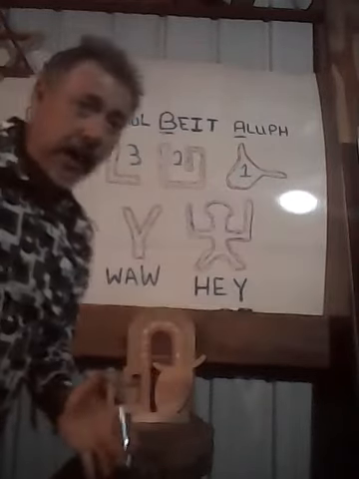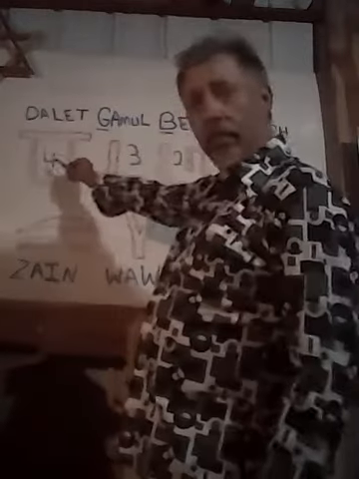He had to go home and rest. It's the letter number 4 right here. So the Dalet is the number 4. You see 4? And it is the letter D. It sounds like a D.